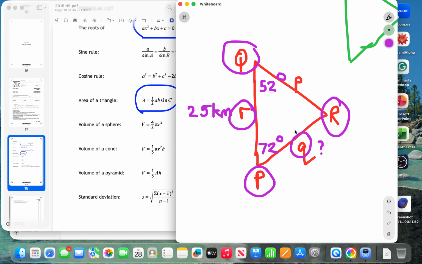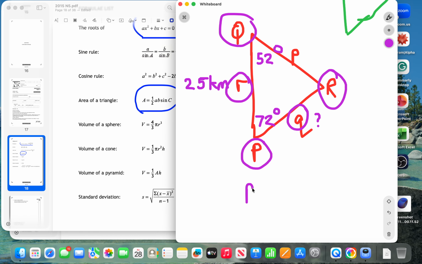That's 180 minus 52 minus 72. That's 180 minus 124. That gives us the answer of 56. So this angle is 56.